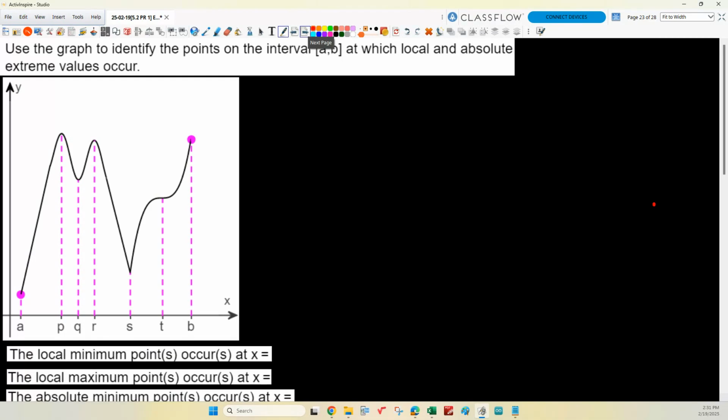Identify the points on the interval from A to B at which local and absolute extreme values occur. So where would all of the local minima occur? X equals... did we say A?